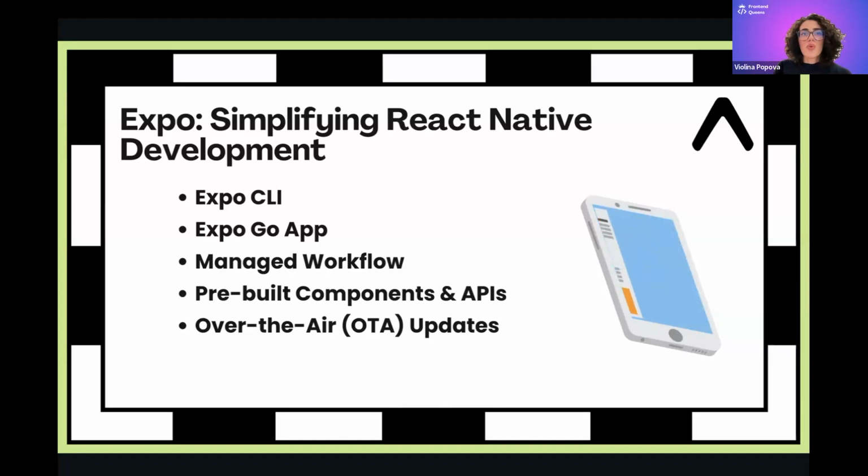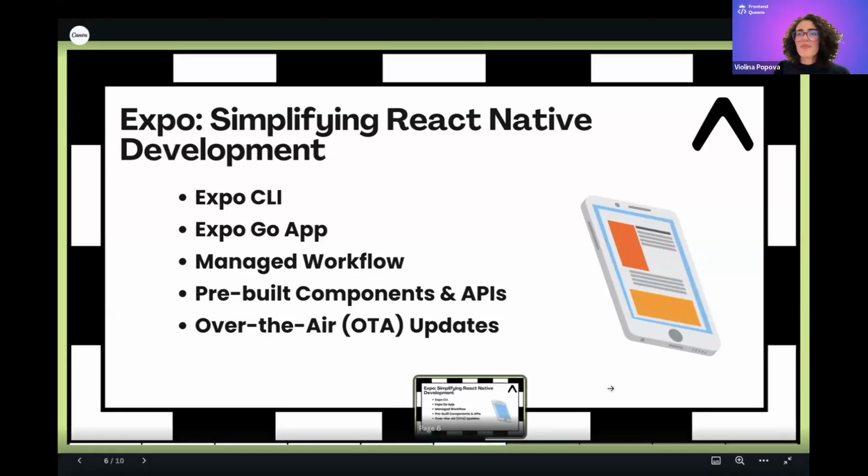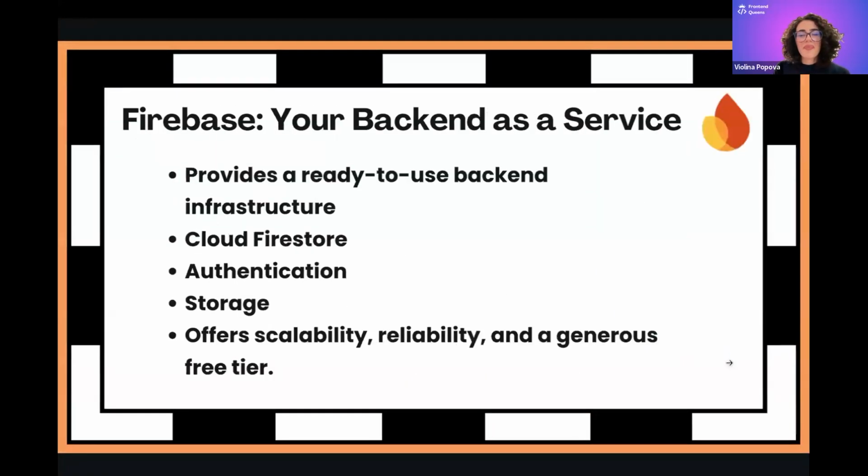Now that we know how Expo simplifies React Native, let's move on to our backend solution, Firebase. Think of Firebase as your complete backend in the cloud. It's a comprehensive set of services and tools designed to help you build web and mobile applications quickly and easily.